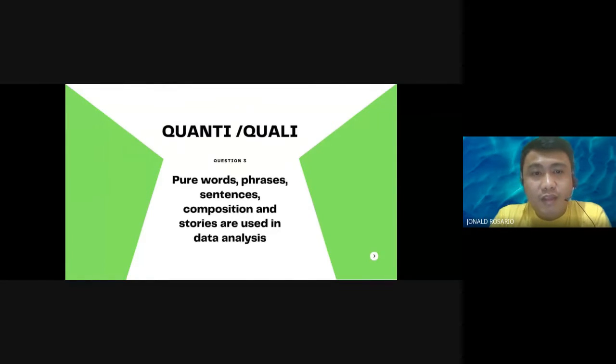When it comes to quantitative research, our data is in numbers. In qualitative, it is in words, groups of words, phrases, sentences, narratives, compositions. We can also have additional data forms like pictures and videos. Those are still qualitative. I hope you got the difference between quali and quanti.